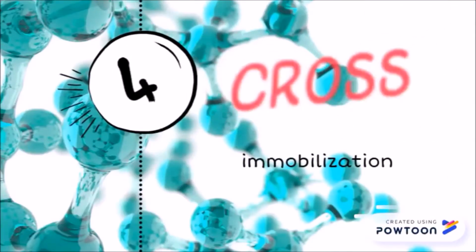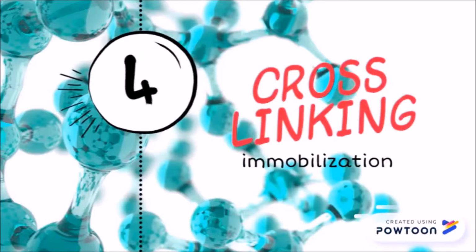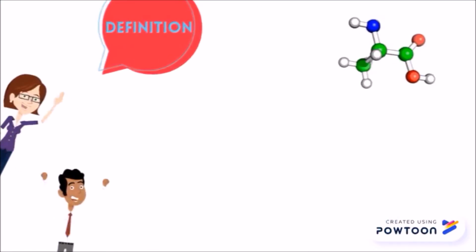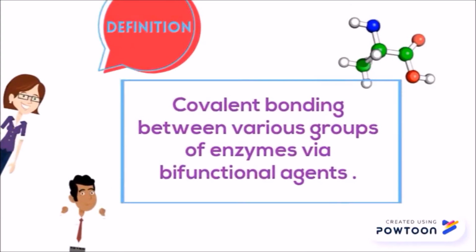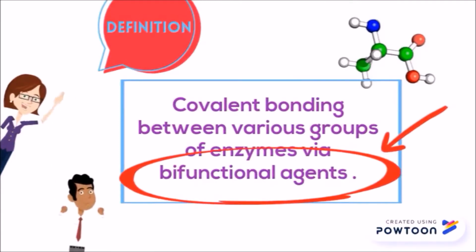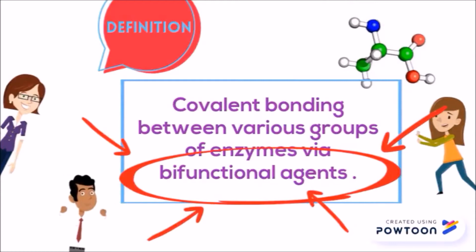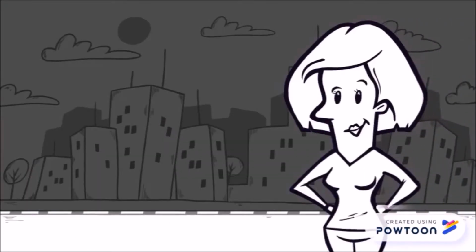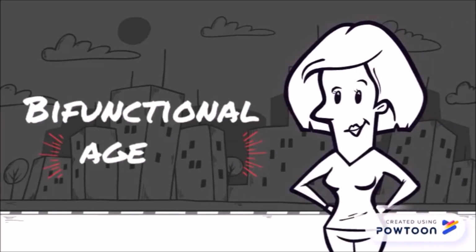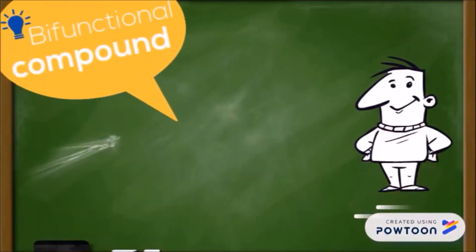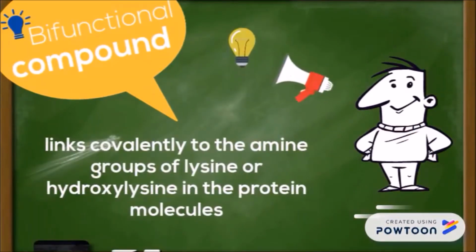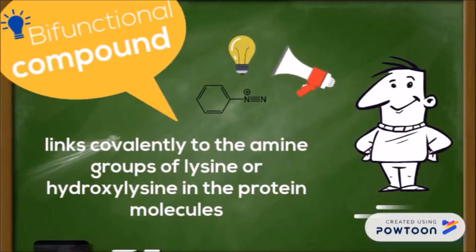Let's move on to cross-linking immobilization. Cross-linking is a covalent bonding between various groups of enzymes via bifunctional agents. So, what is a bifunctional agent? A bifunctional compound links covalently to the amine groups of lysine or hydroxylysine in the protein molecules, which leads to chemical modification of enzymes and proteins.